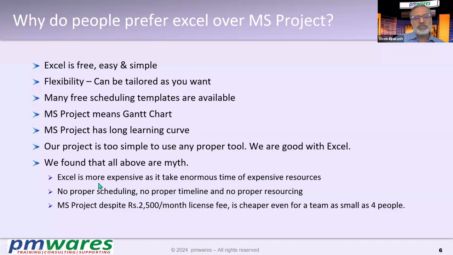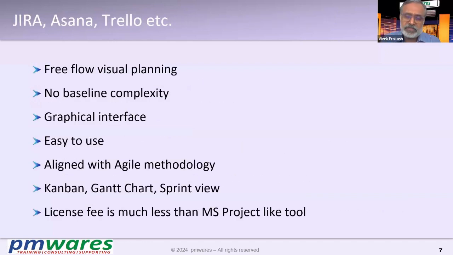Right now, in this webinar, we will see that tools like JIRA, Asana, Trello, and many other such web-based tools are available. And how are they also good? They survive because they are very close to agile, which is very popular in software and a de facto standard today in software.